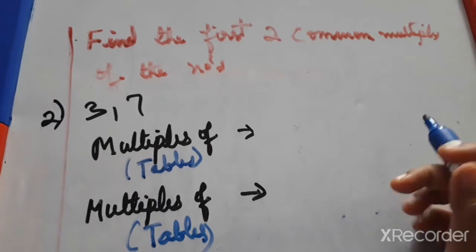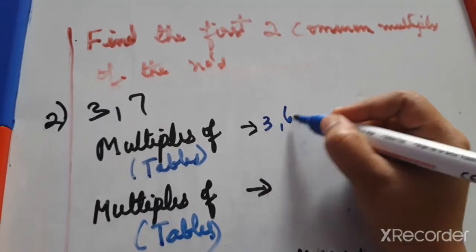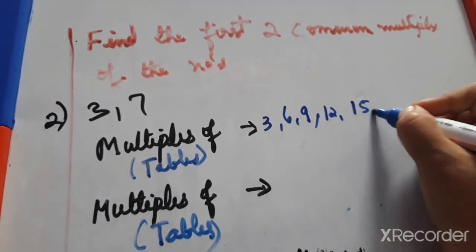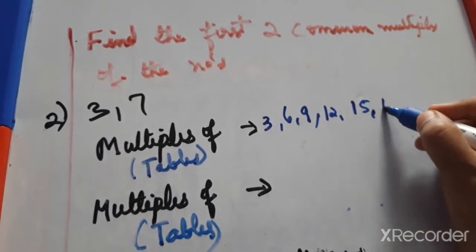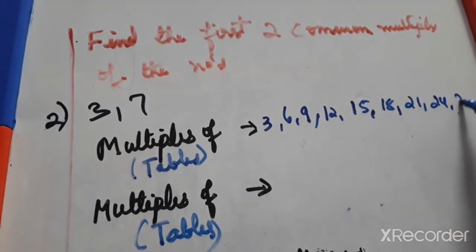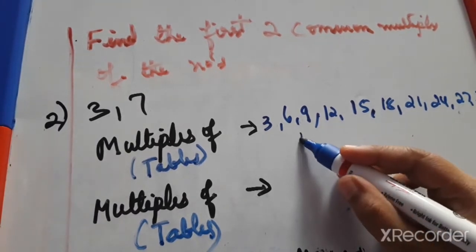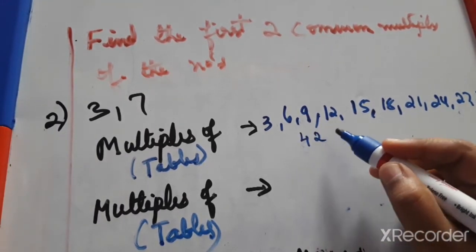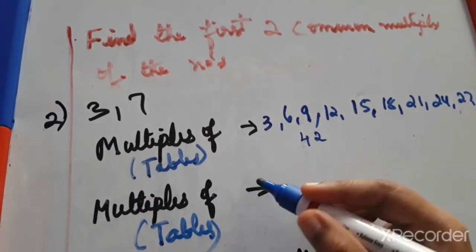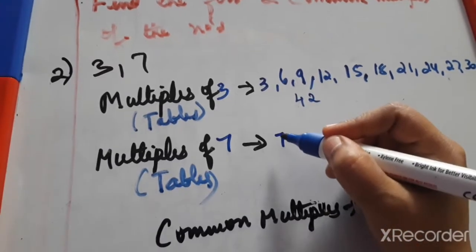Now here we have to write the table of 3. 3 ones are 3, 3 twos are 6, 3 threes are 9, 3 fours are 12, 3 fives are 15, 3 sixes are 18, 21, 24, 27 and 30. Then the tables of 3 and tables of 7, we have to write the 7 table.